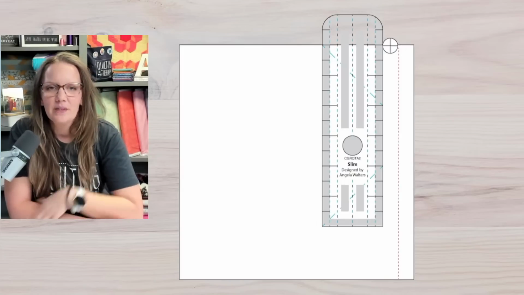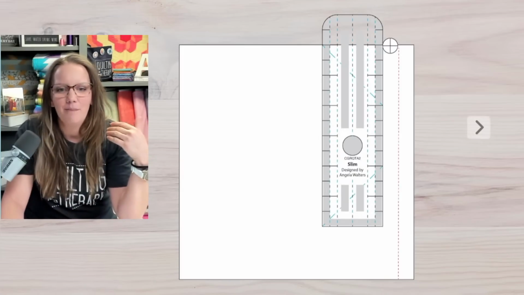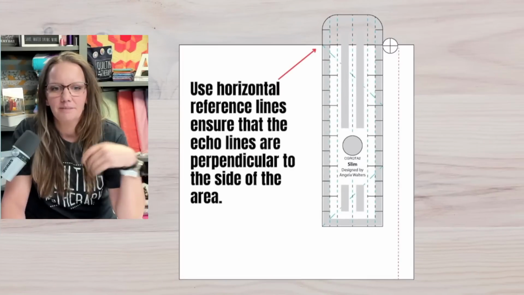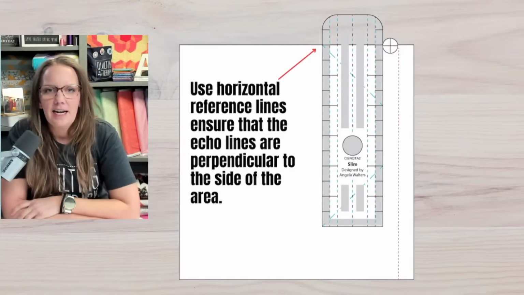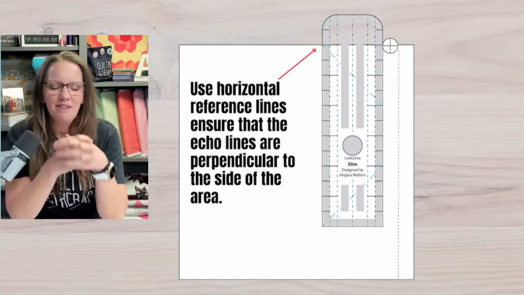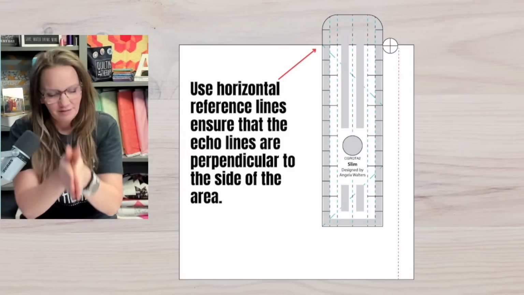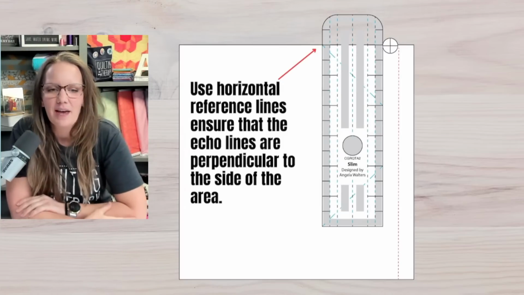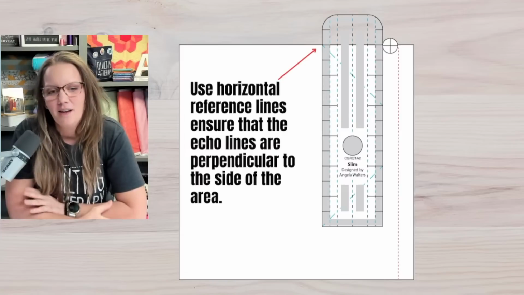And that's where I'm going to use those horizontal reference lines again to make sure that it's even and where it needs to be. So here you can see I'm aligning that horizontal line and then quilting along. So even if you don't have the previous quilting to work with, that's how those reference lines are going to help you keep it fairly straight.